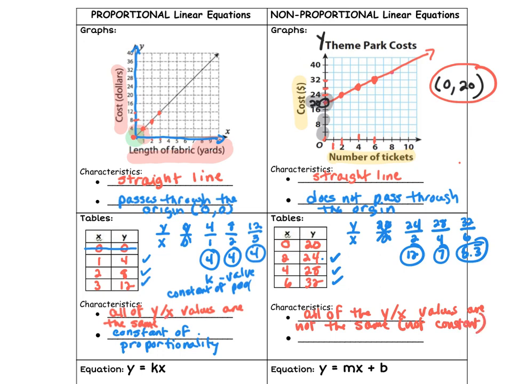But over here in the proportional table, they were constant, which led us to a constant of proportionality. And since we do not see a constant number here, there is not a constant of proportionality.